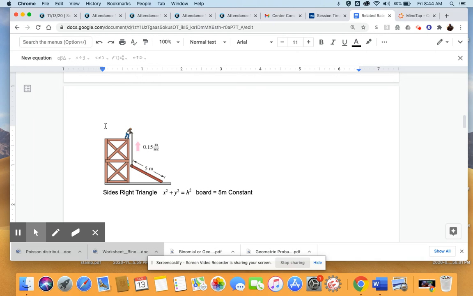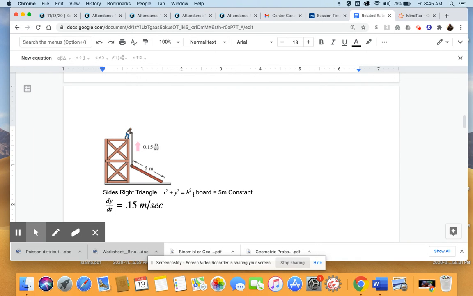We also know, make our font size a little bigger here, to about 18. We also know, new equation, that our dy/dt, how quickly this is being pulled up the wall, how fast this y dimension is changing, is equal to 0.15 meters per second, right?